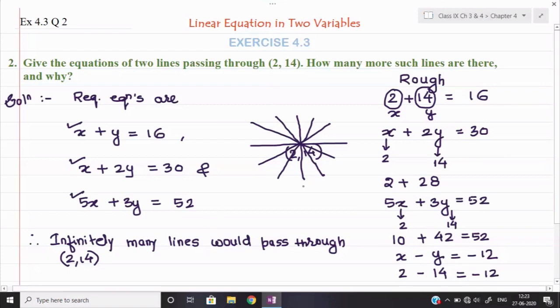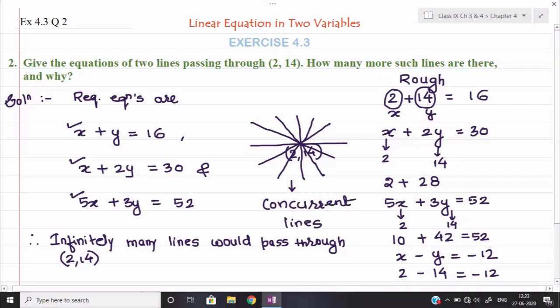Graphically also I have shown how it is possible. And remember, all these lines which are passing through one single point are called concurrent lines. Remember the name of such kind of lines.